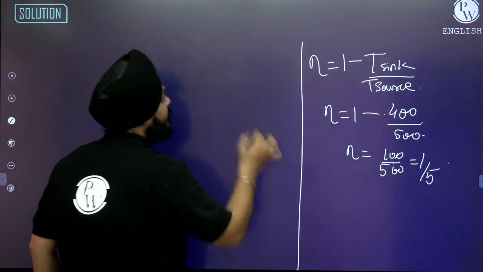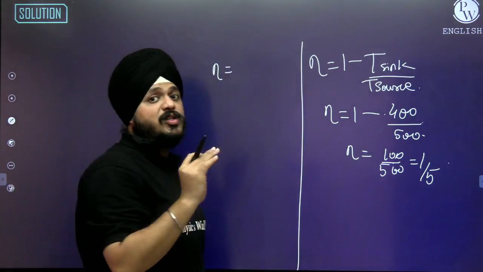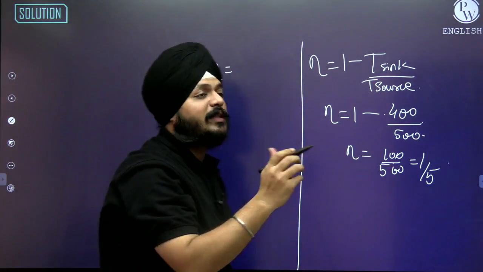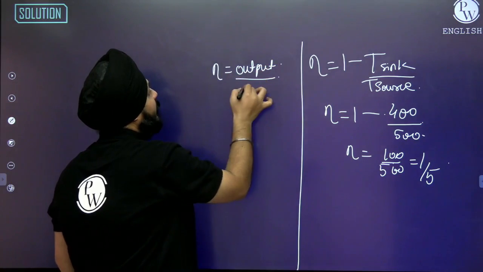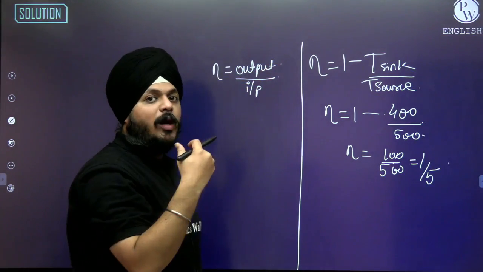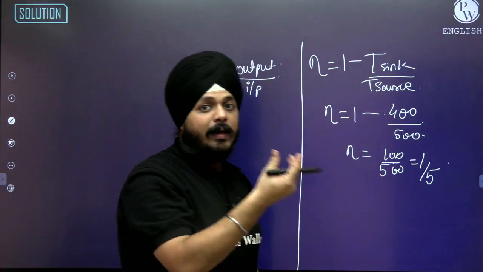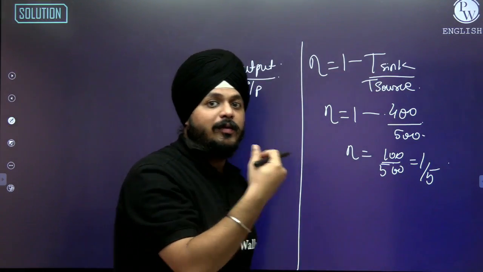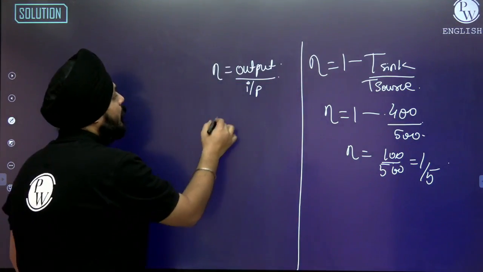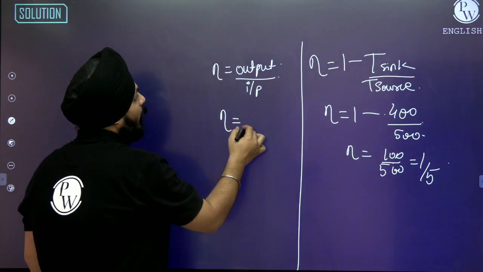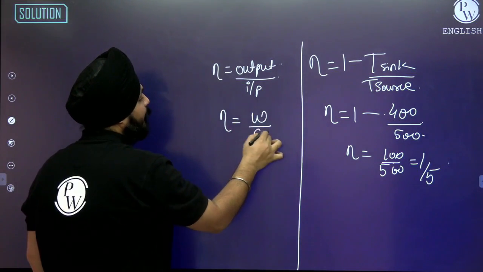Now, what is the general formula of efficiency? It is always output by input. Whatever amount of output you are giving compared to the input, that defines your efficiency, and efficiency defines your capability to do work. So the output is the work done, and the input is the heat supplied.